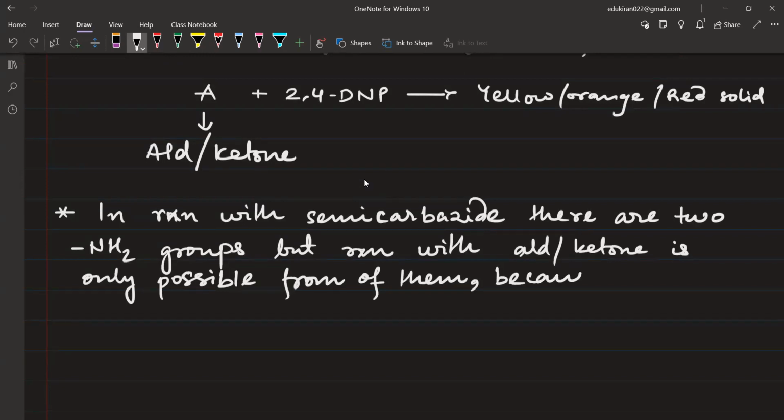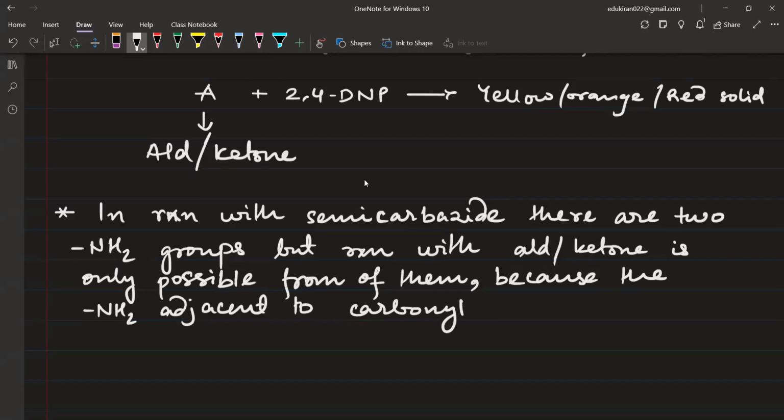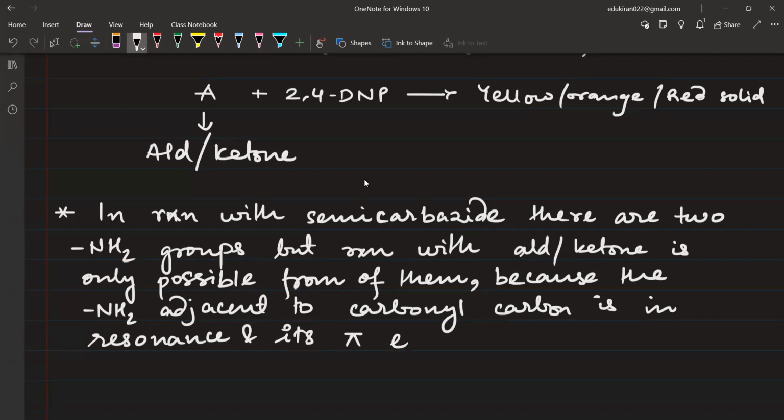Because the NH2 adjacent to the carbonyl carbon is in resonance, and its lone pair electron is not localized.